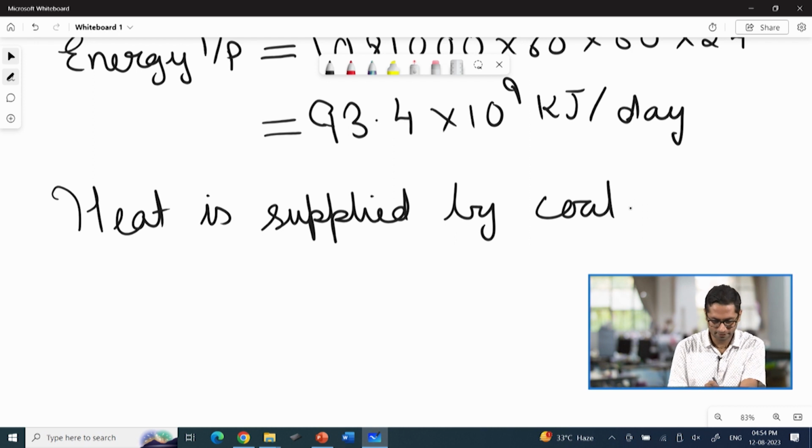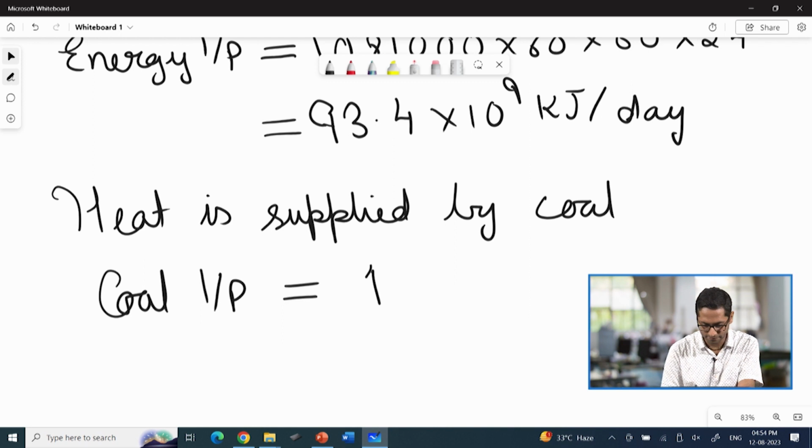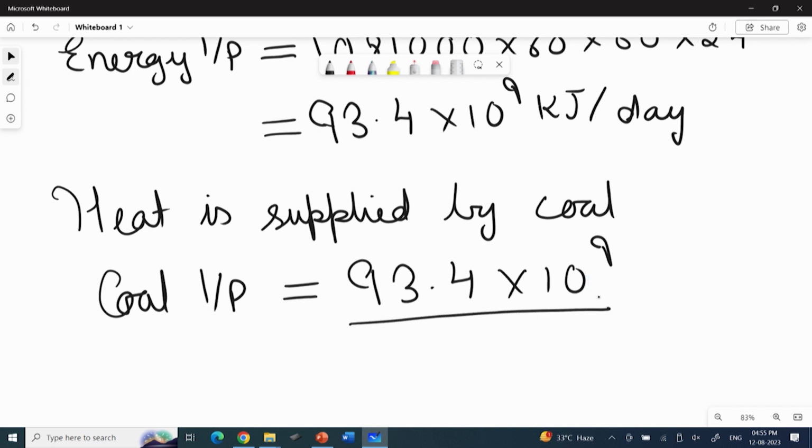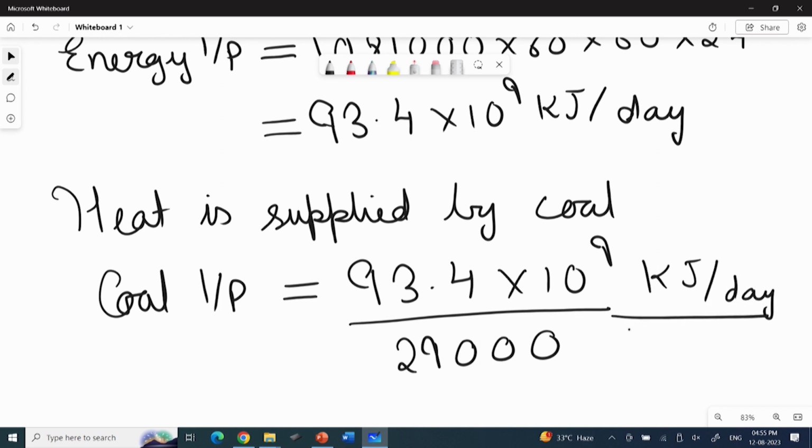So, to calculate the amount of coal input, I take the energy that I would need, which is 93.4 into 10 to the power 9 kilojoules per day, and divide that by the calorific value of coal, which is anthracite in this case. This is kilojoules per day, and this value is kilojoules per kg.